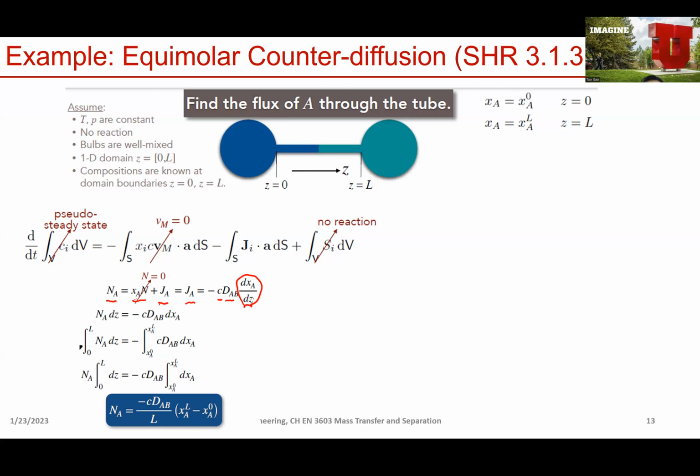If we can solve this ordinary differential equation, we should be able to find the relationship between mole fraction XA and how it depends on the location. In theory, and mathematically speaking, now we have this equation, we should do that.